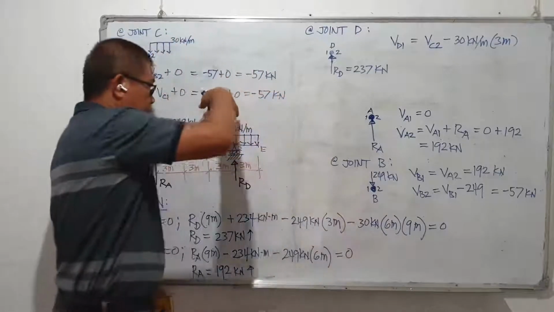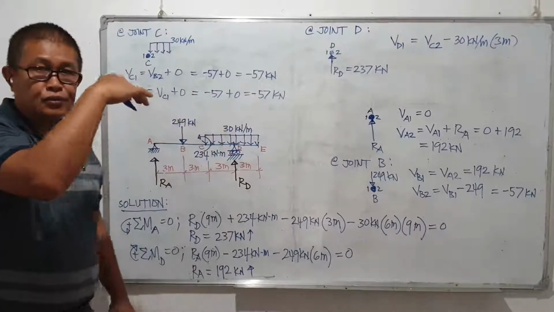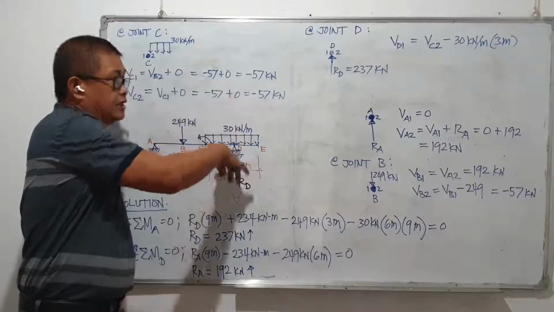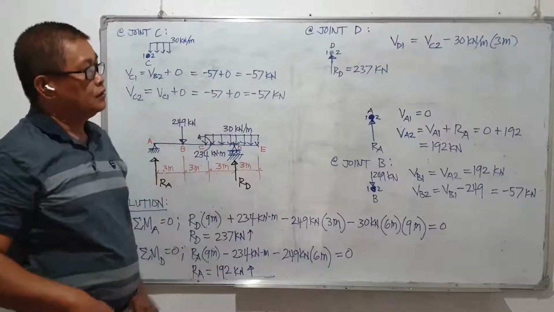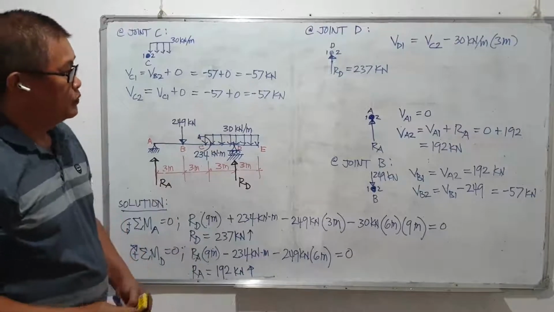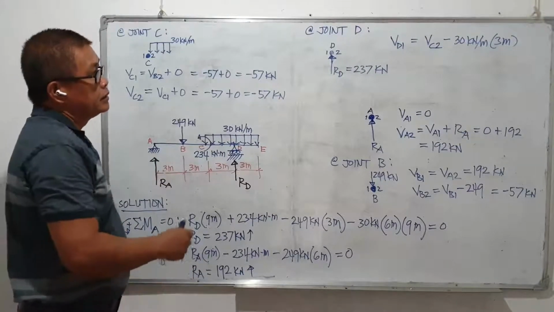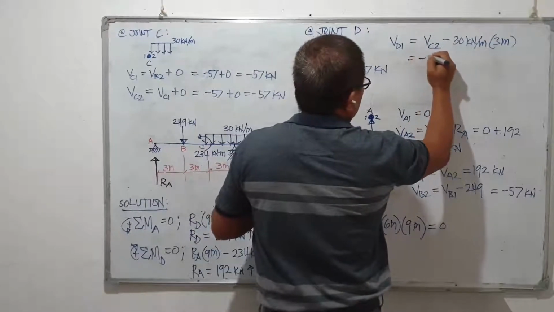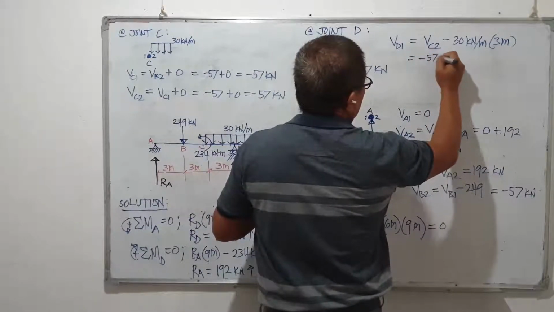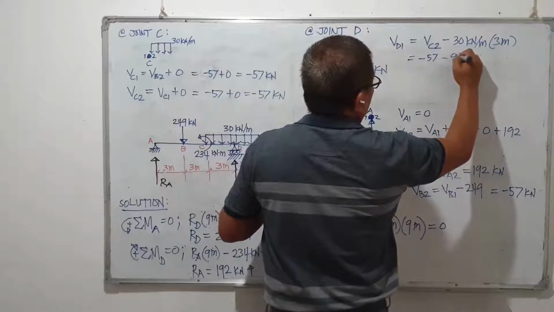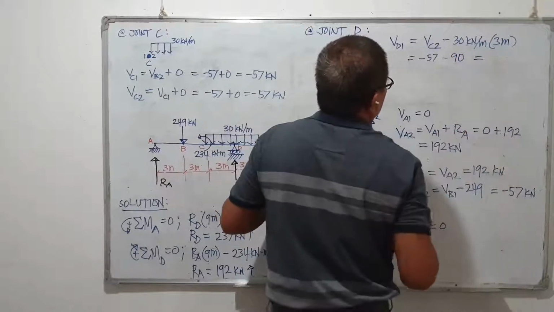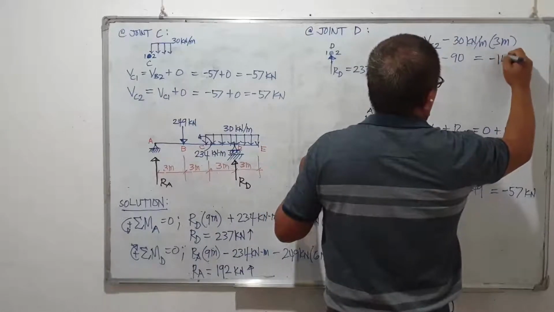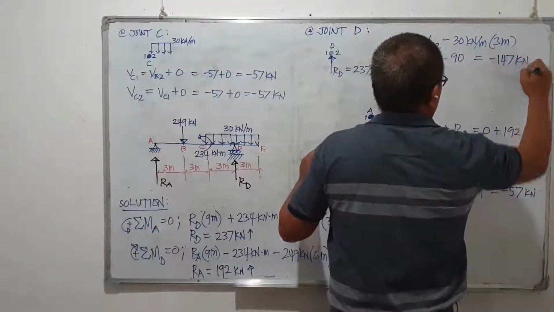Again, the uniform loading is directly downward, so the shear that is developed by this uniform load will be negative. So all forces acting downward will develop a negative shear. So minus, and our V sub C2 is minus 57 and minus 90, which gives us negative 147 kilonewtons.